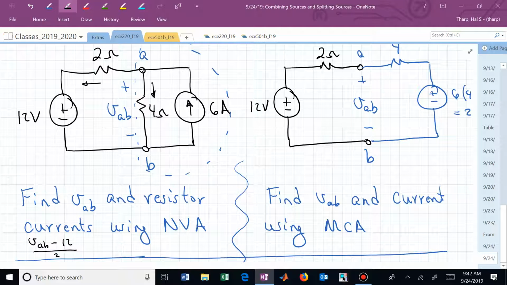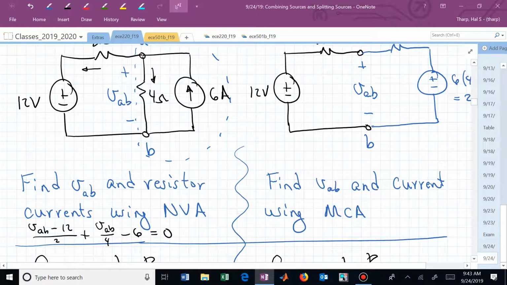What's the current going down from node A through that 4 ohm resistor? That's Ohm's law: VAB over 4. And how do we account for that 6 amp source if we're writing KCL at node A? It's minus 6 out, isn't it?